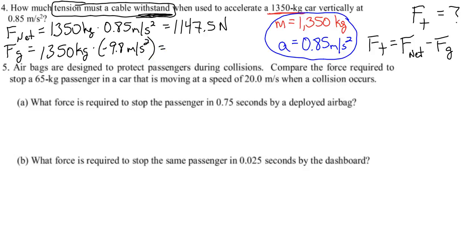Which will give us a force of gravity, or a weight, of negative 13,230 newtons. So then my force of tension, like I said, is the net force minus the force of gravity.